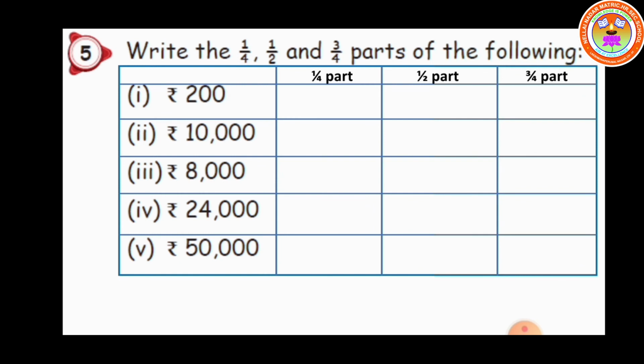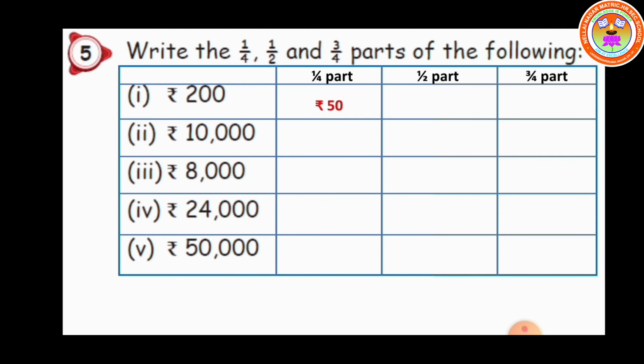Number 5. Write the 1 by 4, 1 by 2 and 3 by 4 parts of the following. First one, rupees 200. 1 by 4 part means we have to divide by 4. When we are dividing this 200 by 4, we will get rupees 50. 1 by 2 part means we have to divide by 2.